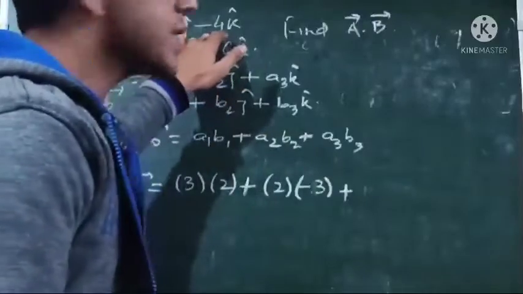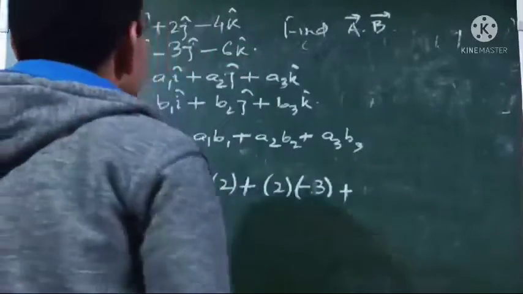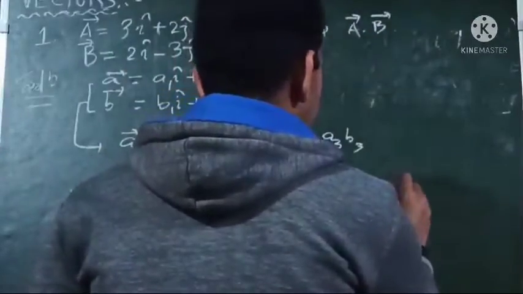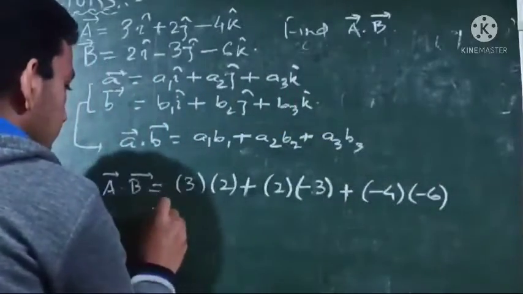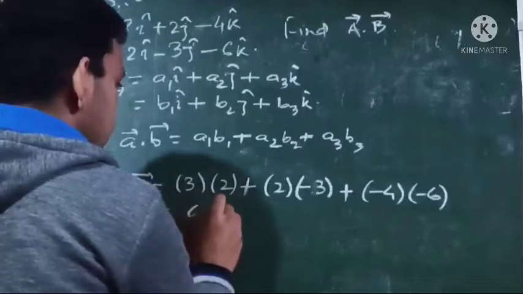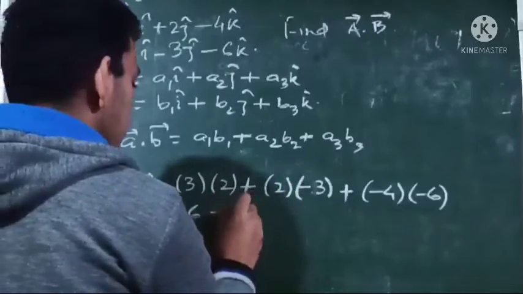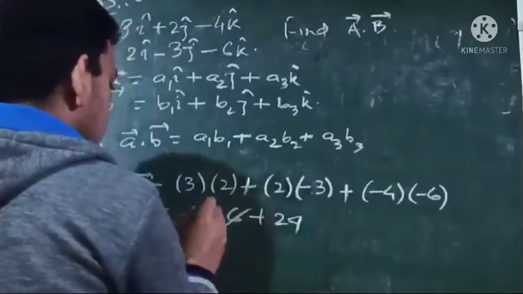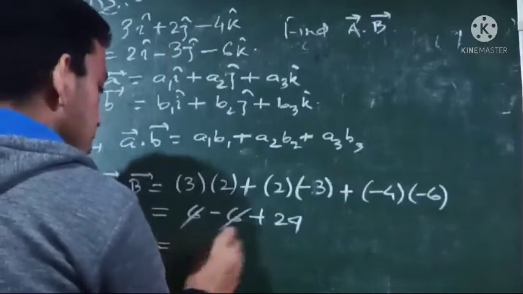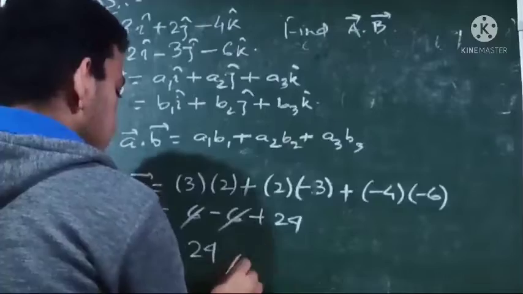Here a3 is minus 4 and b3 is minus 6, so minus 4 multiplied with minus 6. So here we are getting 3 multiplied by 2 is 6, minus 3 multiplied by 2 is 6, and here we are getting plus 24. Both these terms get cancelled, so we are getting 24 as the answer.